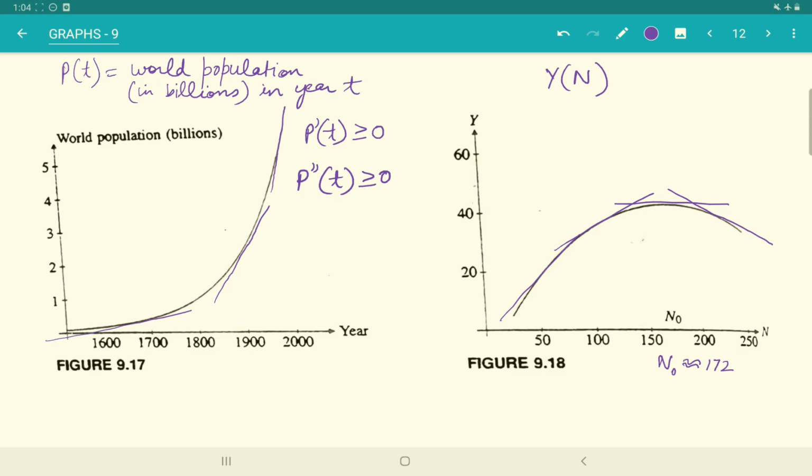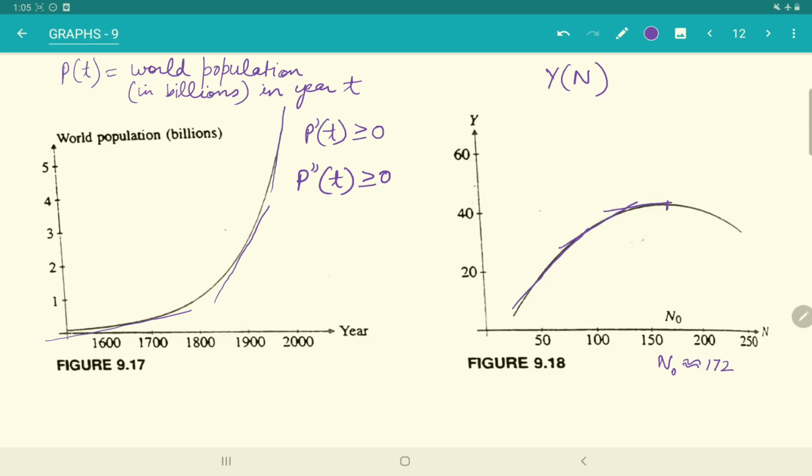Also, we see that the function is concave. In fact, if we take a look at n less than n naught, where n naught is around 172, as we move till n naught, we see that the increase in y is less the larger n is. So what I'm trying to say is that as we approach n naught, this slope keeps on decreasing.